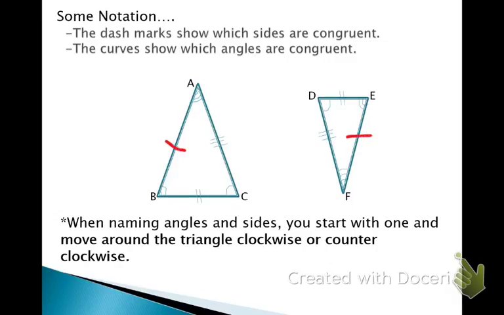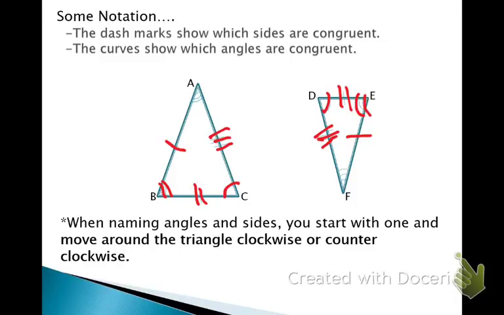AB is congruent to EF. BC is congruent to DE. And AC is congruent to DF. That takes care of the 3 sides being congruent. Then for the angles, angle D is congruent to angle C. Angle E and angle B are congruent, so I put 2 arc marks.